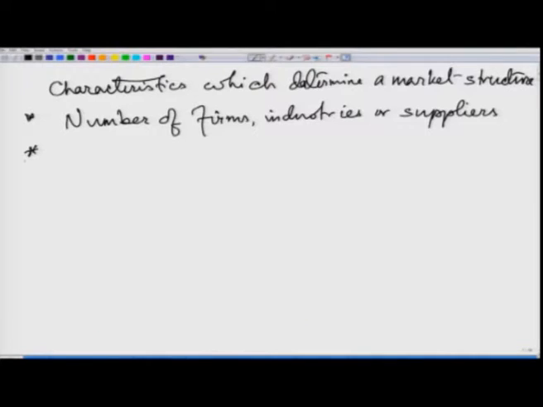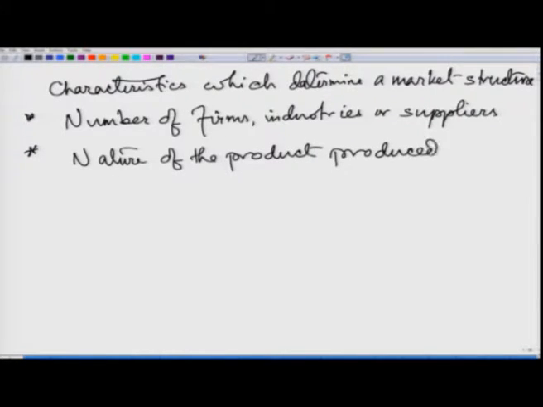The next one is the nature of the product produced. What kind of product is it, whether it is very expensive, very complicated, whether it deals with several other products or byproducts.